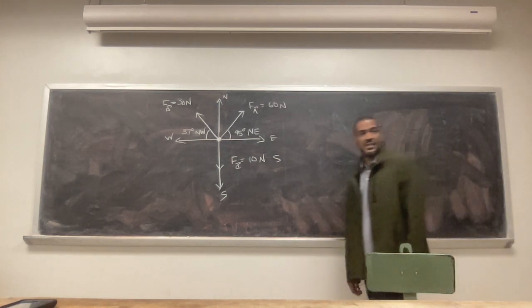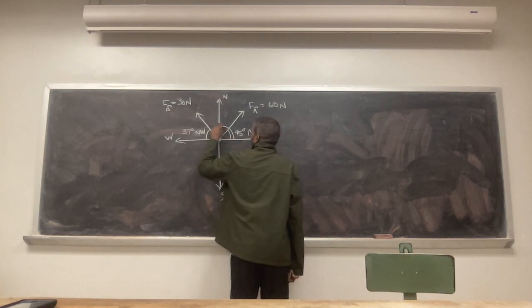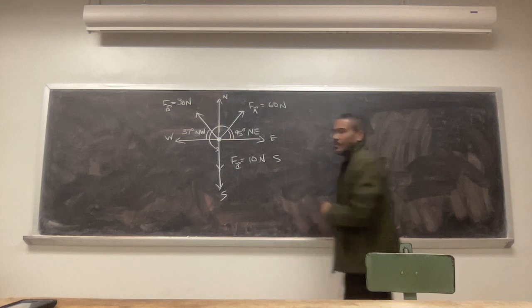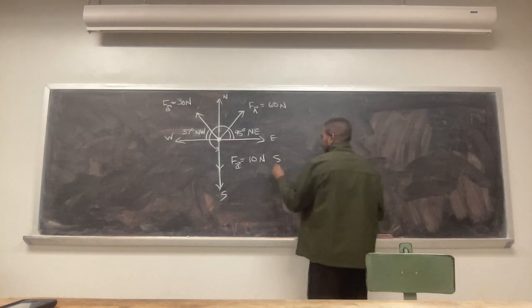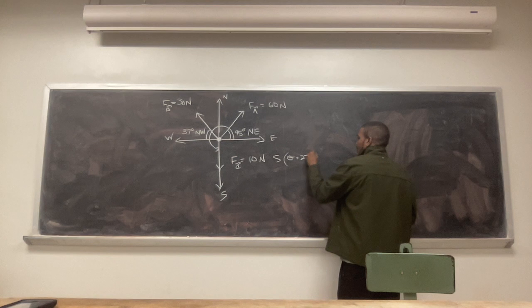If it's directly in the south direction, then its angle is not 180, but 270. So south really just means angle equals 270.